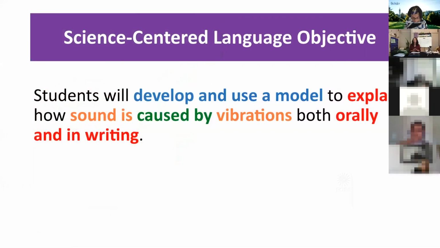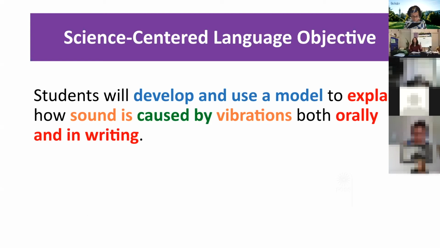So here's just an example of a very broad science-centered language objective. I always start with the practice. Which practice are students going to engage in to demonstrate their understanding? That's going to be a model, right?